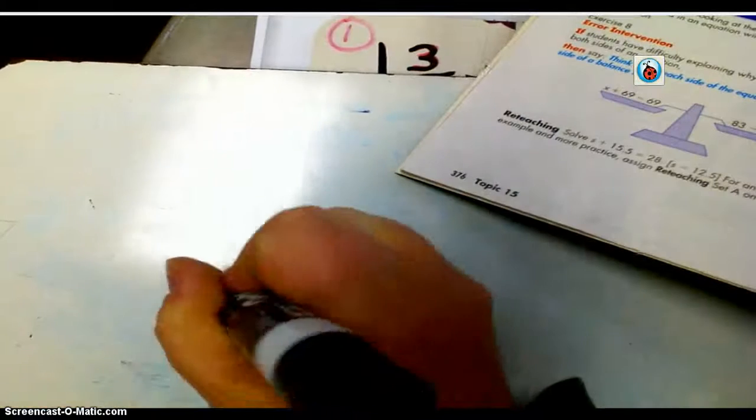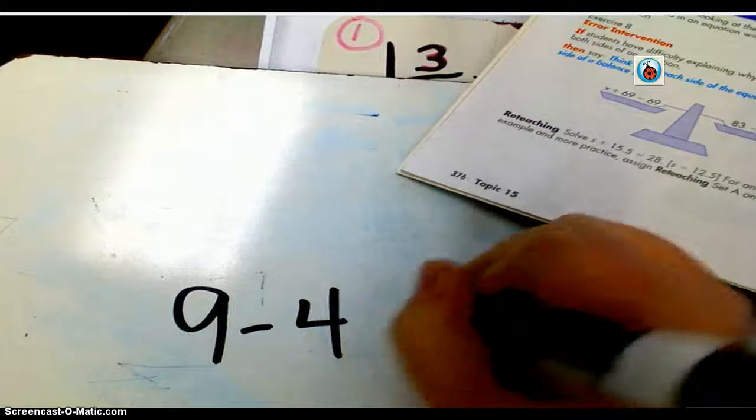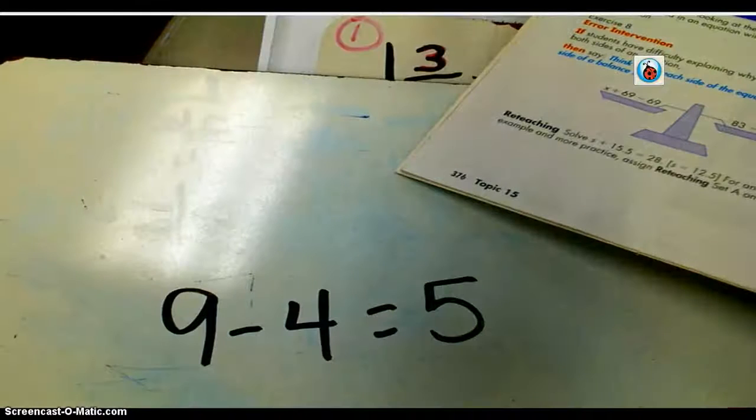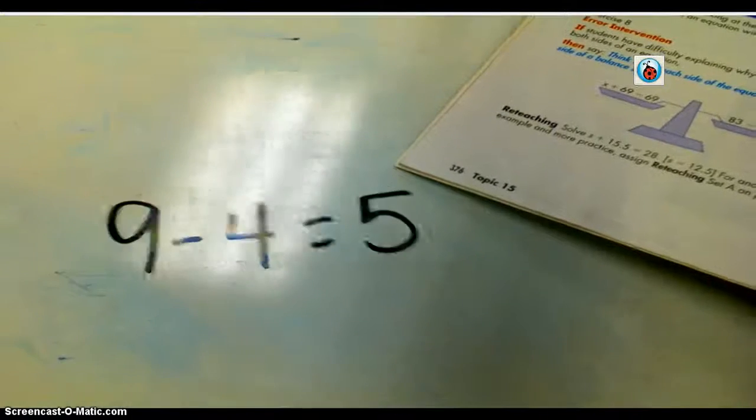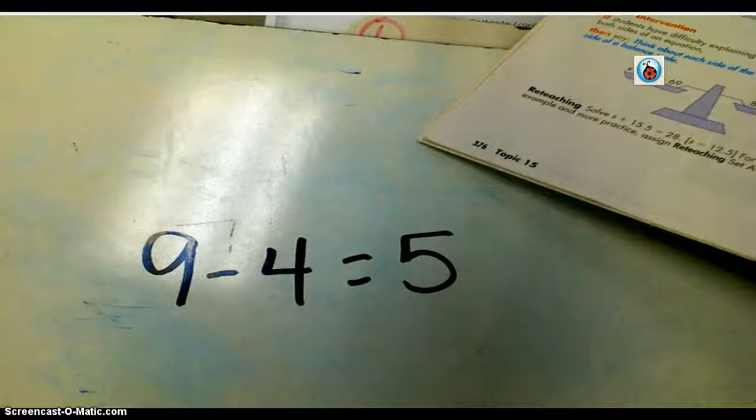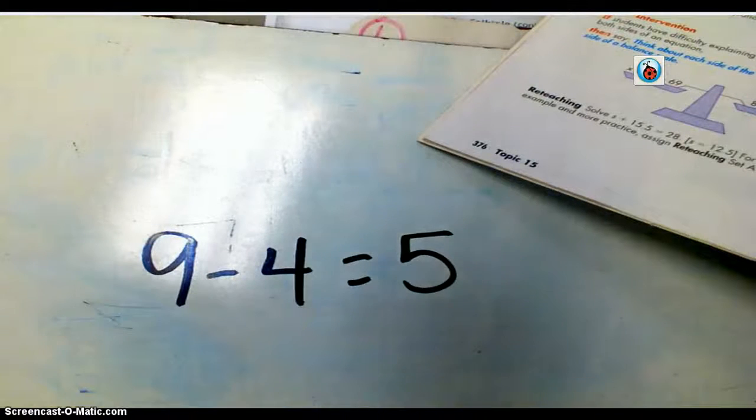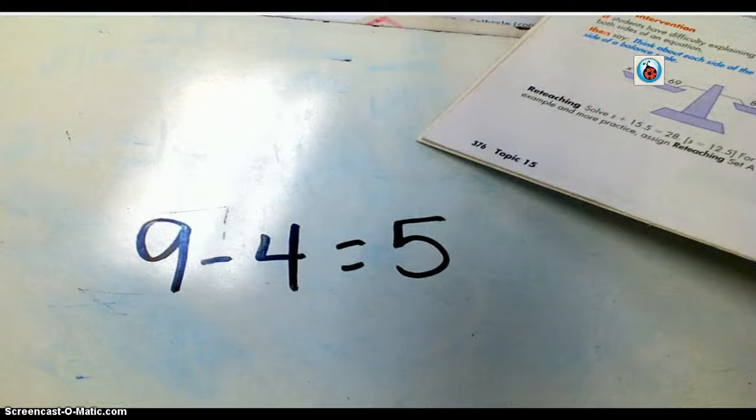Okay. Let me show you something. If I have something that looks like this, we all know that's equal to 5, right? Yeah. Okay? What we're going to focus on today is whatever I'm going to do to one side of the equal sign, I have to do it to the other. Okay?